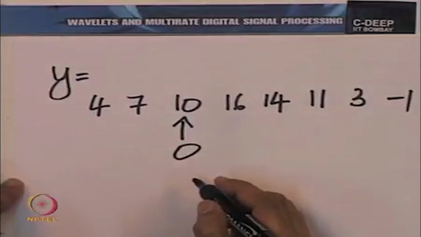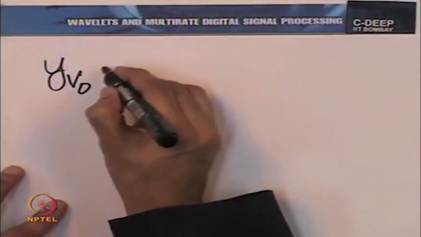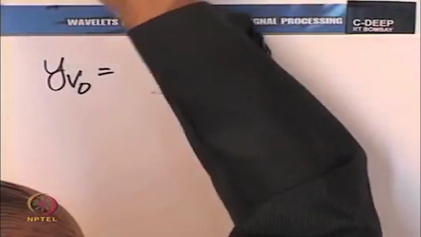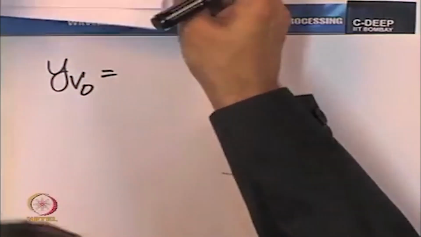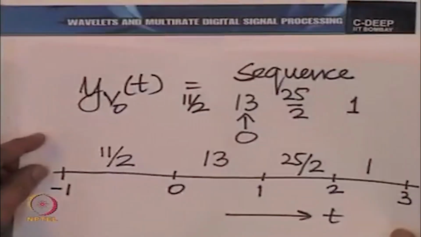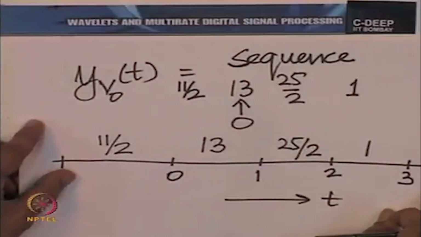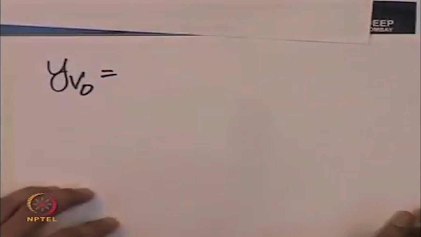Let us on the same reference write the sequence for yv0 and yw0, and then let us put them together. When I write the sequence for yv0, I will need to do a little bit of work. yv0 is going to look like this. So, in fact, I have the sequence here. Let me just rewrite it explicitly.